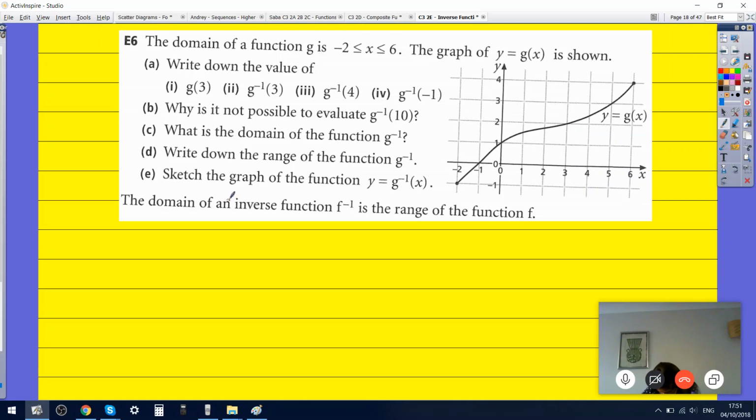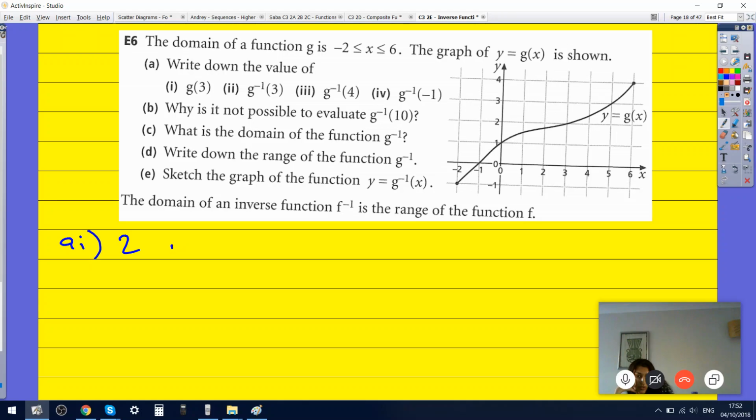Let's try this one. Write down the value of g of 3, and use the graph for that. When x equals 3, y equals 2.